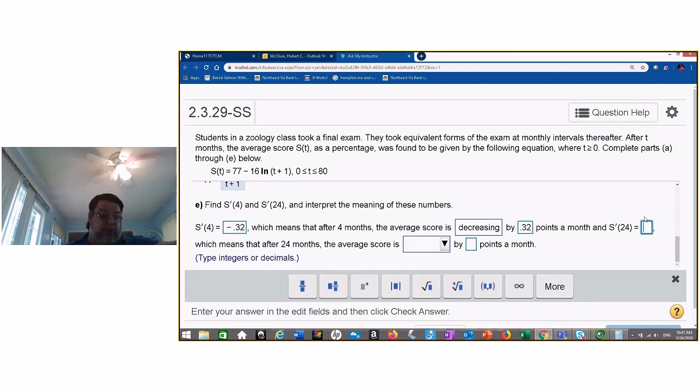And at 24 it's negative 0.64. So that means it's decreasing by 0.64.